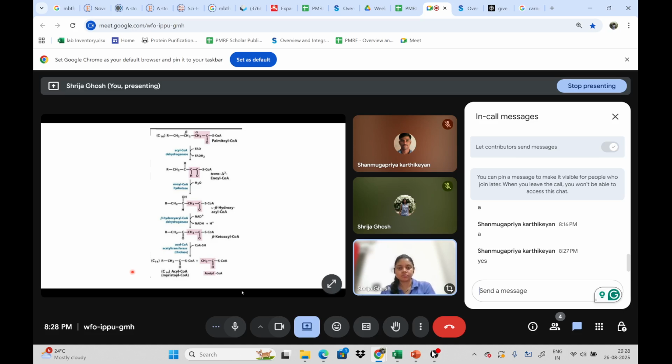So you have seen that I have discussed lipoprotein metabolism, where different lipoproteins like chylomicrons, VLDL, LDL, and HDL, we have discussed the metabolism of all these lipoproteins.